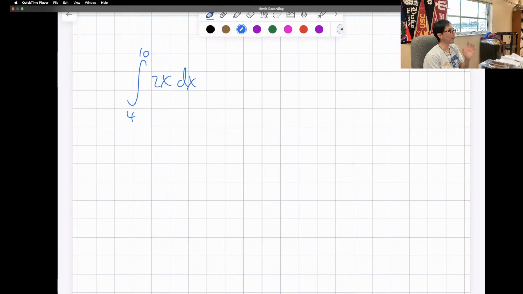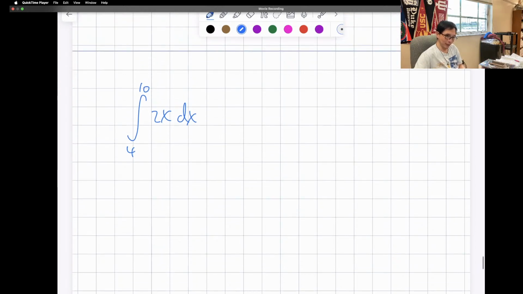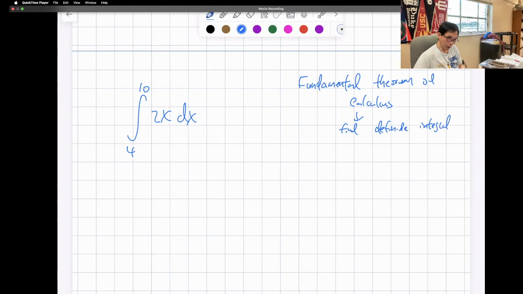So we're going to talk about the fundamental theorem of calculus. So what do I mean by the fundamental theorem of calculus? Well, I'm going to write it down. Now, there was a part 1 and part 2. So the fundamental theorem of calculus basically is to find the definite integral, which is really easy.